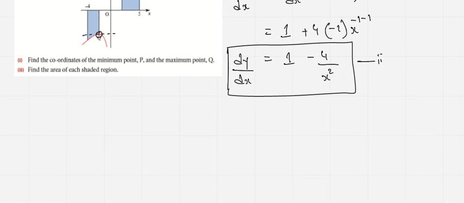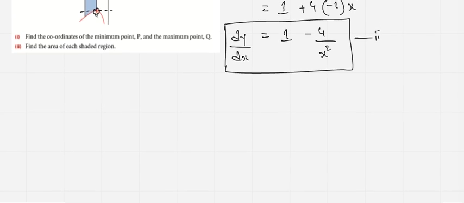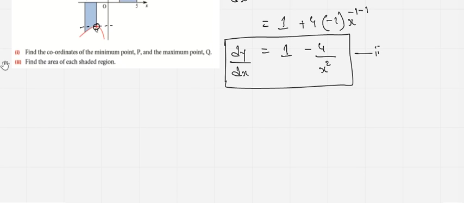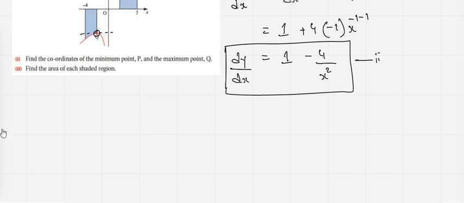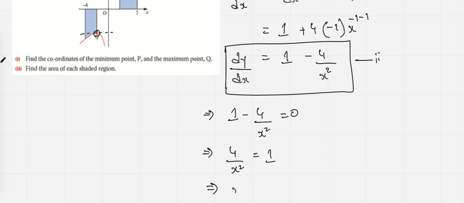Okay, so let us find it out here. So this thing is equal to 0. So 4 upon x squared equals 1. So it means that x squared equals 4, and when I take the square root, it gives me plus minus 2.